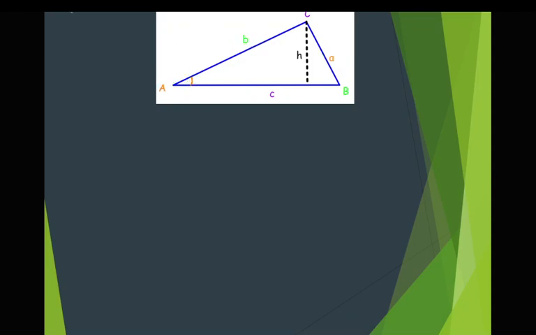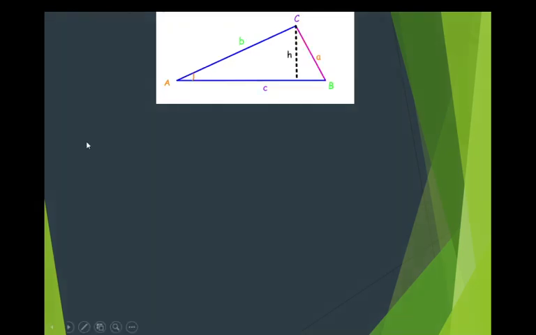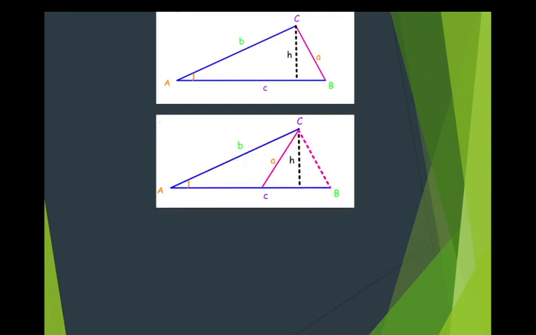But if I take side A, what if I swung it in like this? So instead of leaving C coming out this way, it swings in this way. Notice the length is exactly the same. I didn't change this length, I didn't change this length, and I didn't change that angle. The only thing I did was I changed angle C and moved side A in like that.